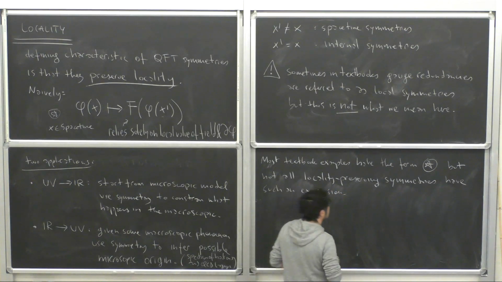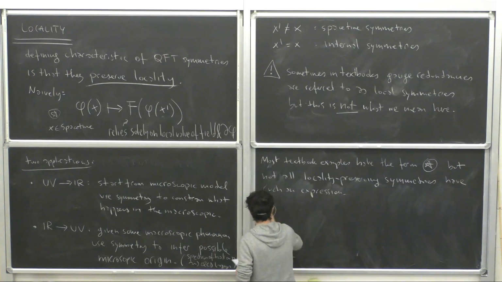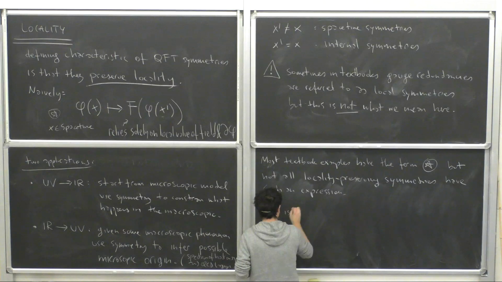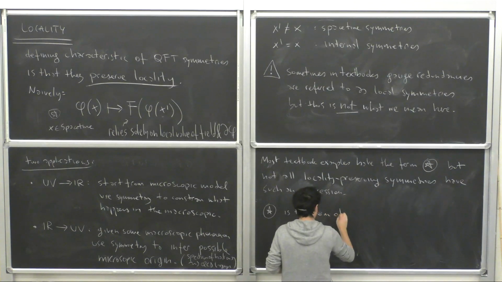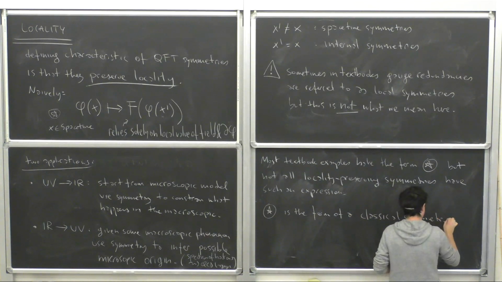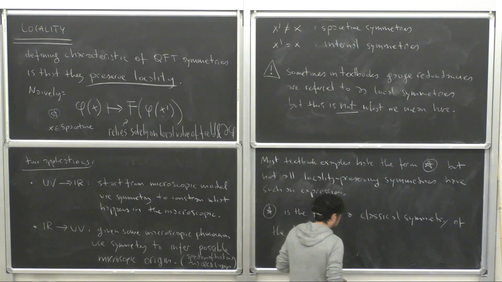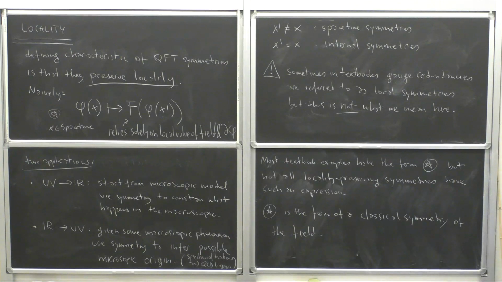So star is what we can refer to as a classical symmetry. It's the form of a classical symmetry of the field, something that you would encounter when you study the Noether theorem, for instance. You take your field, you take a symmetry transformation of that form, it leaves the Lagrangian invariant, and you deduce that it has that symmetry. It's a symmetry at the classical level.